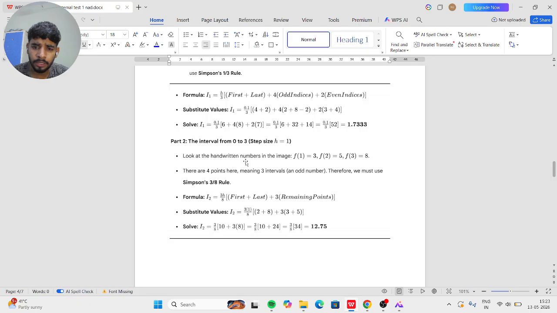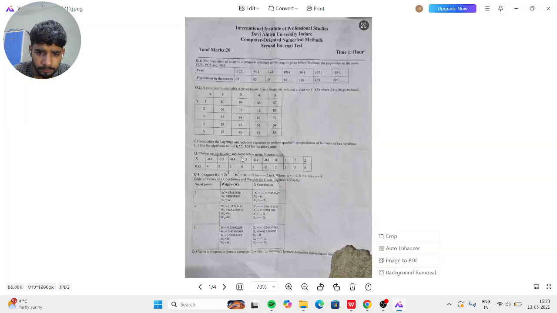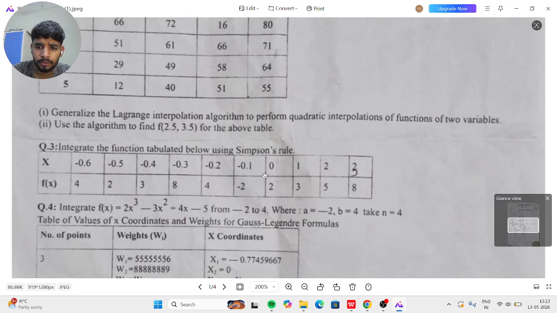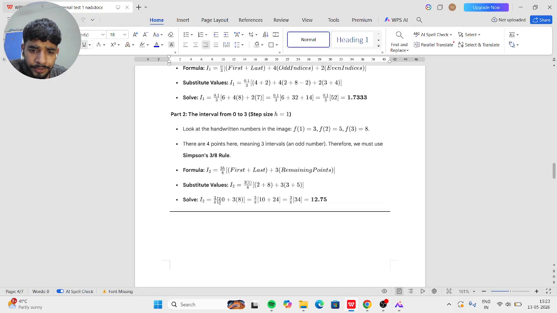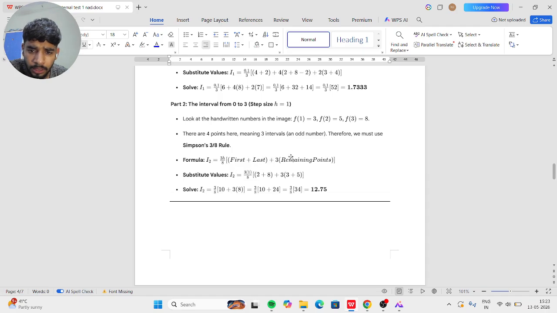Now for the interval 0 to 3, the step size we take is h equals 1. Look at the handwritten numbers in the image. F1 equals 3, F2 equals 2, and F3 equals 8. These are given. There are 4 points here, which means three intervals, an odd number. Therefore, we must use Simpson's 3/8 rule. What is the formula for Simpson's 3/8 rule? 3h/8 times first plus last, plus 3 into the remaining points.